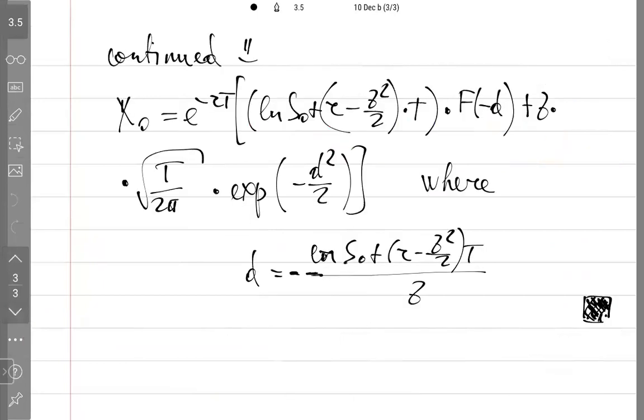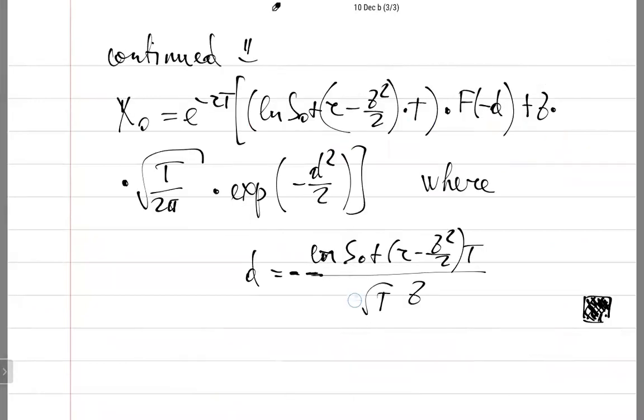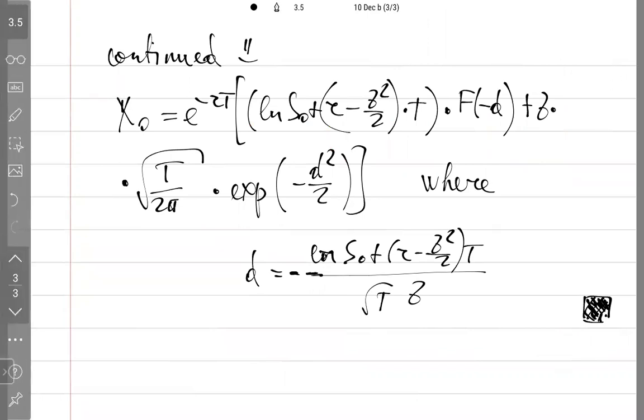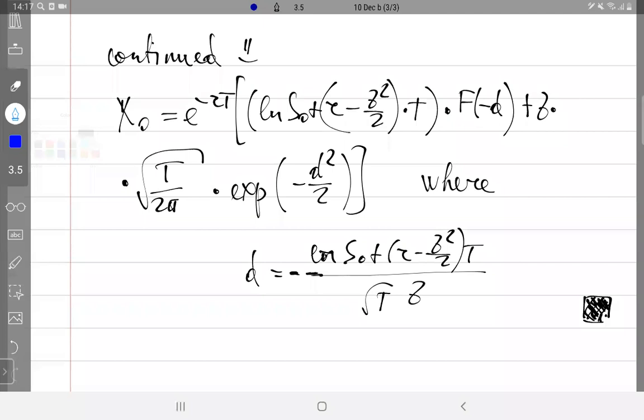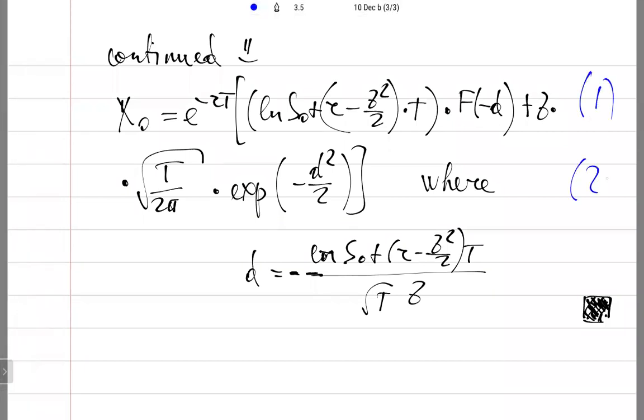I agree. And should we divide sigma squared over 2? Isn't it just sigma squared? Yeah, okay, just my typo. That's okay. First, second, third line. Everything is okay.